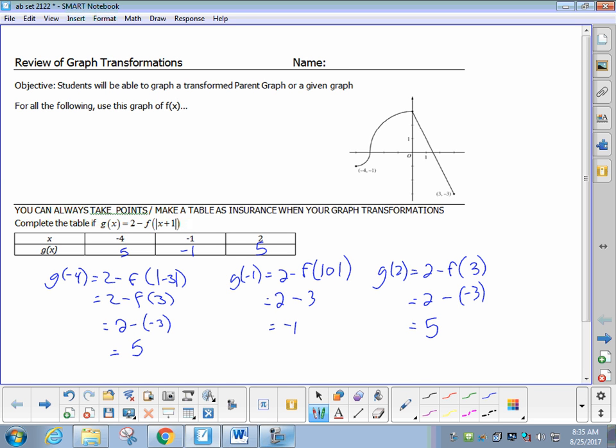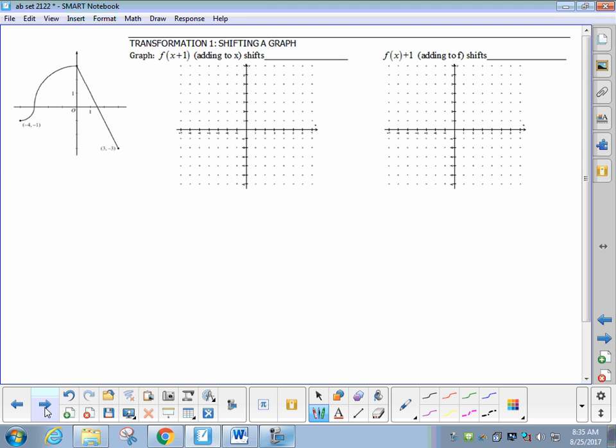I agree. Absolute value of x tends to make negatives and positives behave similarly, and so we'll get to that later. But if you got 5, then you're on the right track. Are we doing okay so far? Okay, good. Again, I don't want to go through this too quick, so if I'm going too fast and I'm not hitting this, please slow me down and tell me.